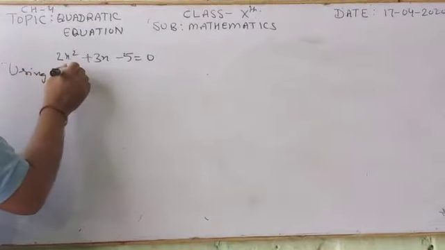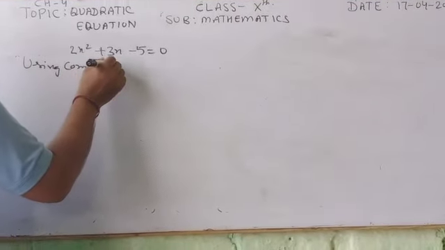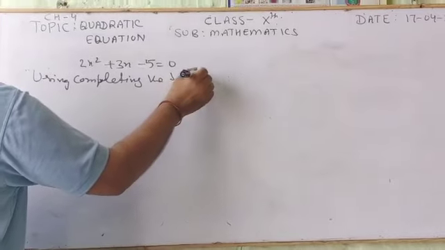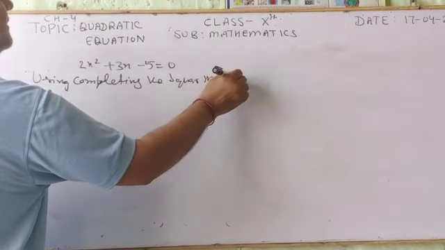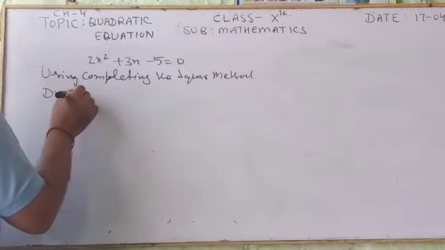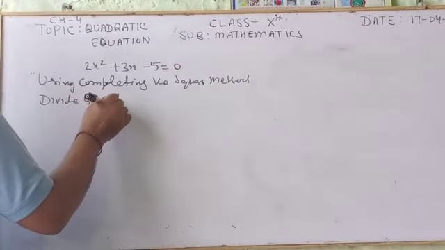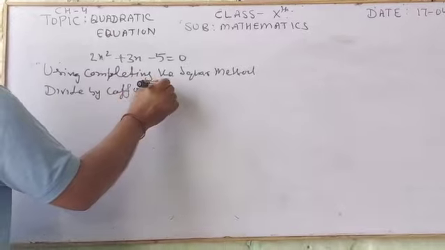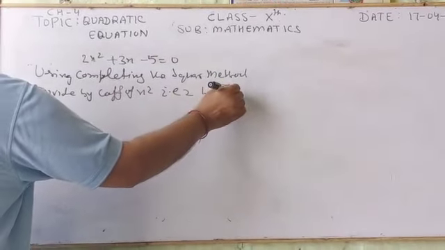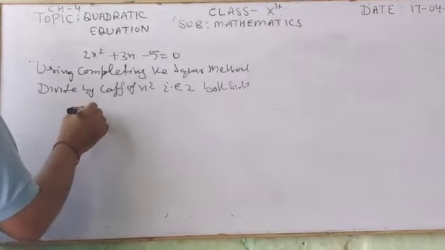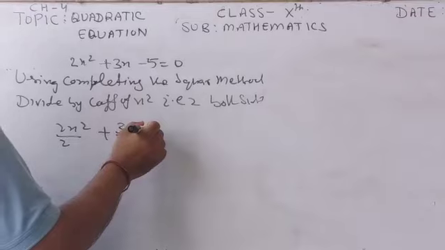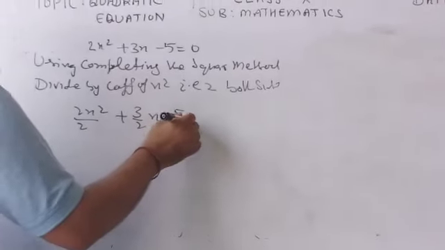First we divide both sides by the coefficient of x square, that is 2. So 2x square upon 2, plus 3 by 2 x, minus 5 upon 2 equal to 0.